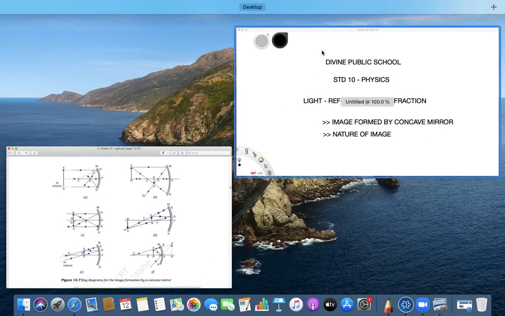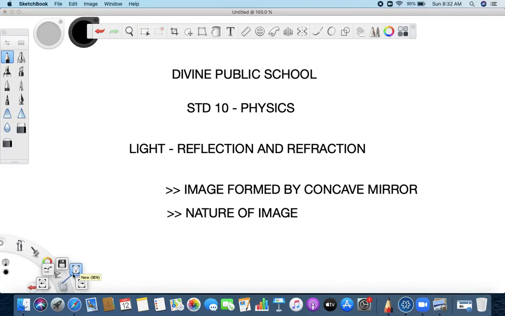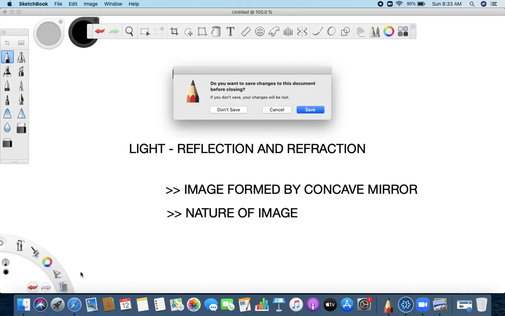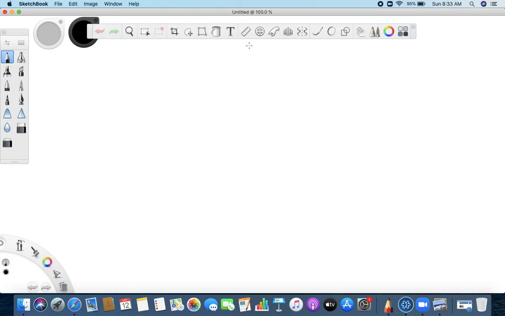Now, let's see the second case as I told you. The second case is we are taking an object at F. So, here, let me draw. Look at it properly, because here you need to draw also.